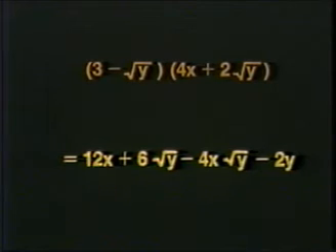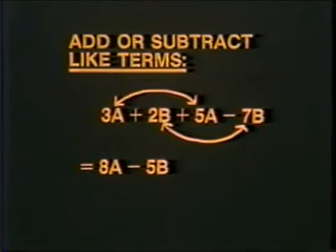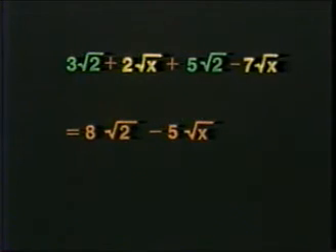What if they weren't? What if some of the terms were alike? Can we gather terms by adding or subtracting the same way we do with simpler expressions like this? Yes, we can, if we're careful and if we make sure that the terms are really alike.